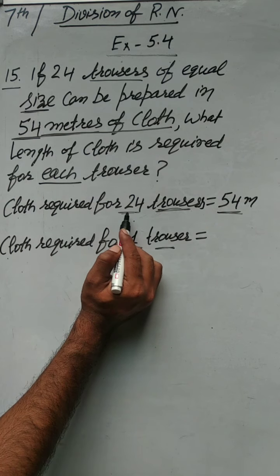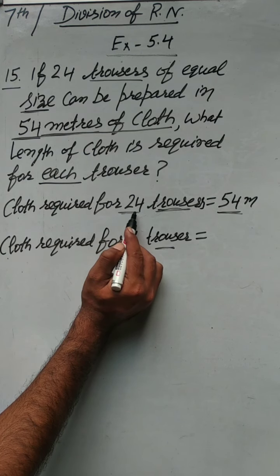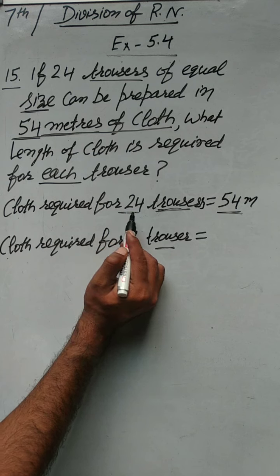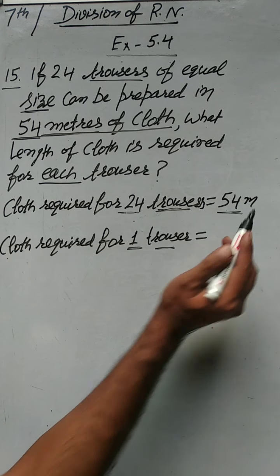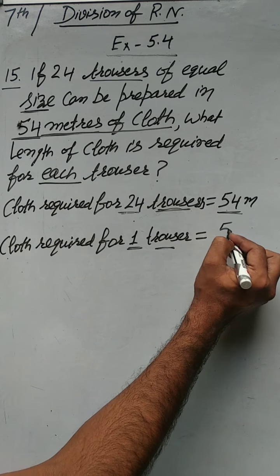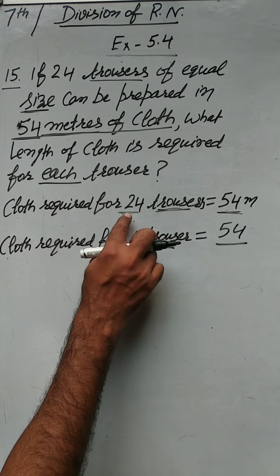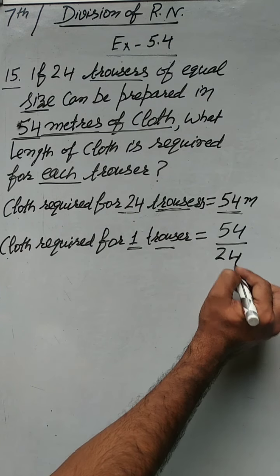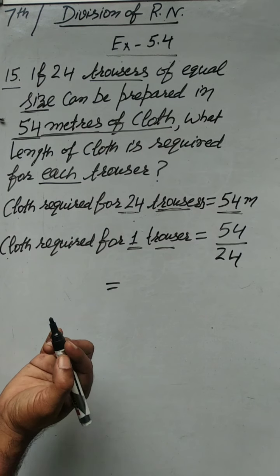Now beta, clearly cloth required for 24 trousers is 54. Then cloth required for one trouser will be equal to 54 divided by 24 by unitary method. Understood?